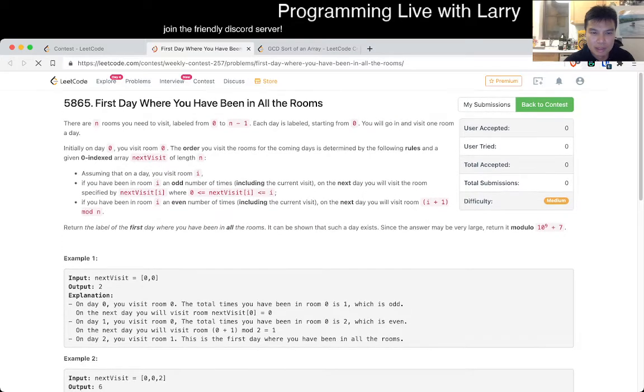Okay, the number of rooms you need to visit from... mod.